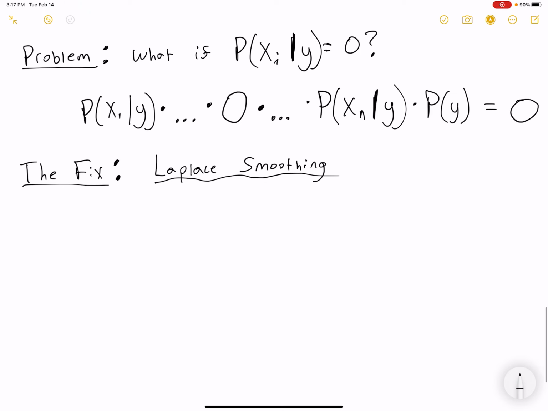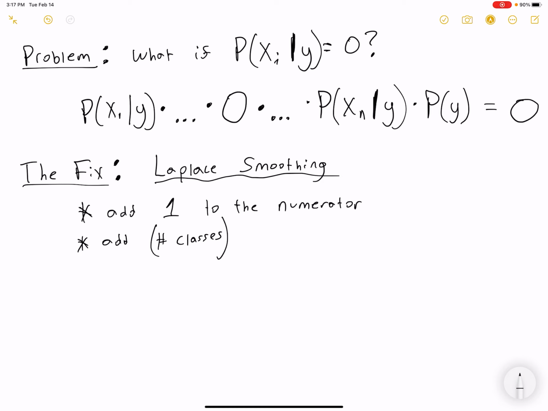The idea is simply that you add 1 to the numerator of all probabilities, and you add the number of classes. So in spam versus not spam, that would be 2 to the denominator.